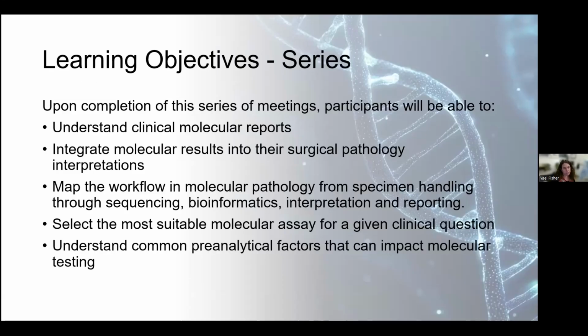The learning objectives for this whole series would be to help you understand the clinical molecular reports and how to integrate those results into the surgical pathology reports. I don't think that after 4 meetings, any of us will be molecular pathologists, but hopefully you'll have better understanding of the molecular pathology reports and of the process that the specimens undergo to get to these results.